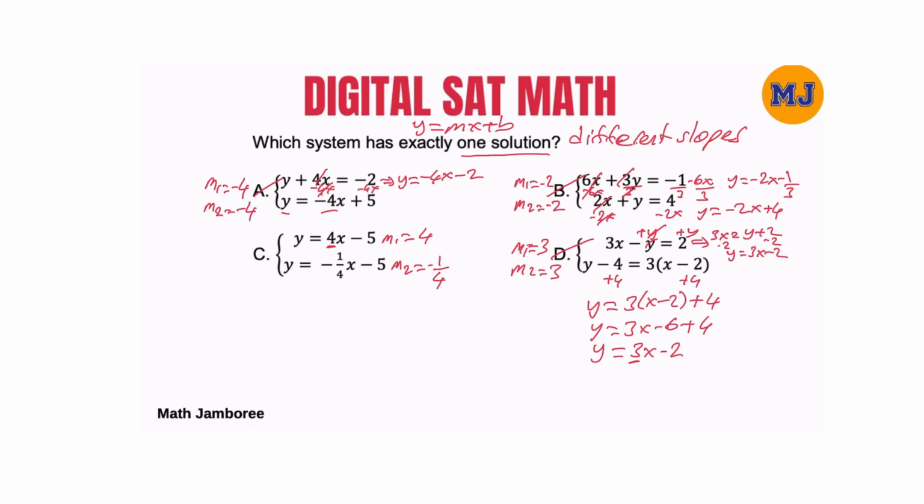I can also give you this information: it's the opposite and reciprocal of 4, so they're perpendicular lines. The choices A, B, and D are parallel, and choice C is perpendicular. They are intersecting at 90 degrees. Anyway, you were just looking for one solution. So therefore, your answer will be choice C for this specific question.